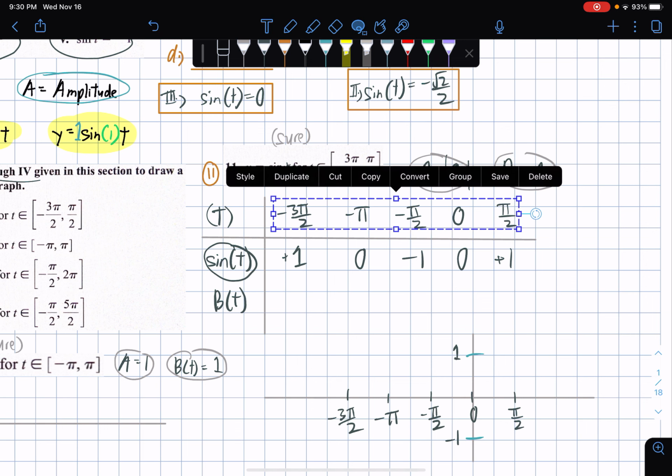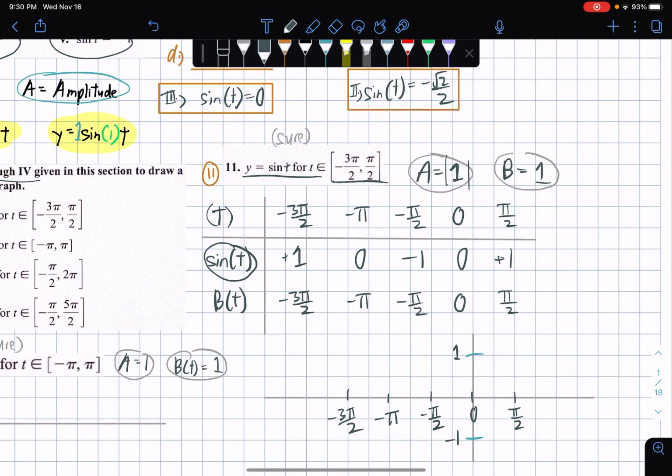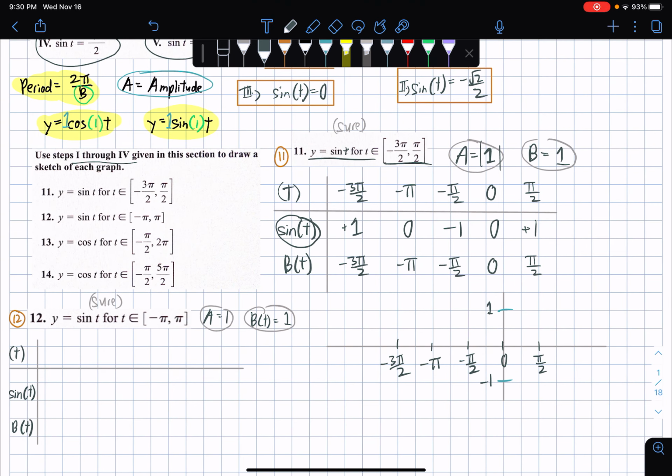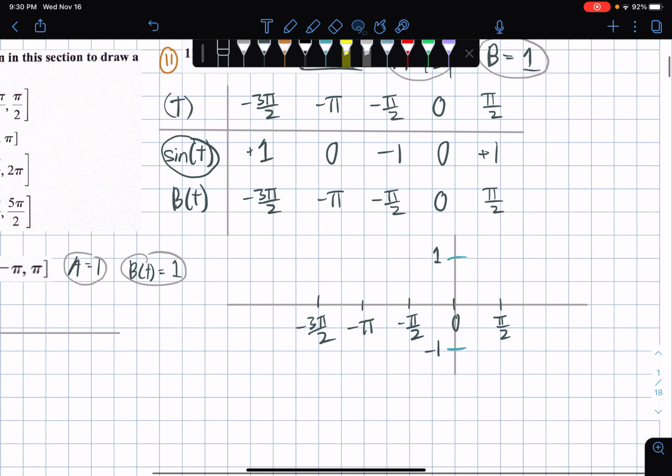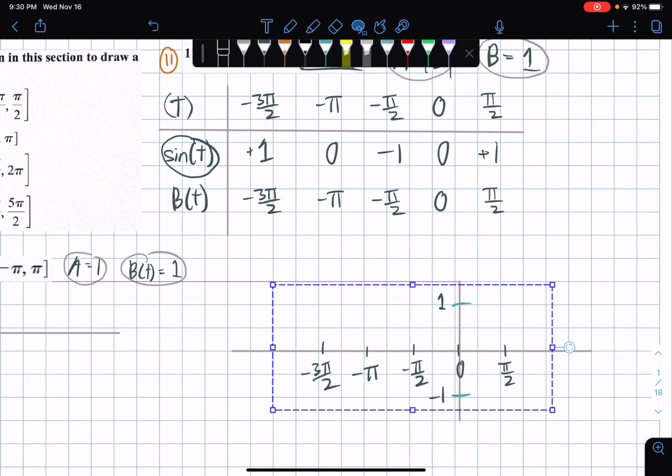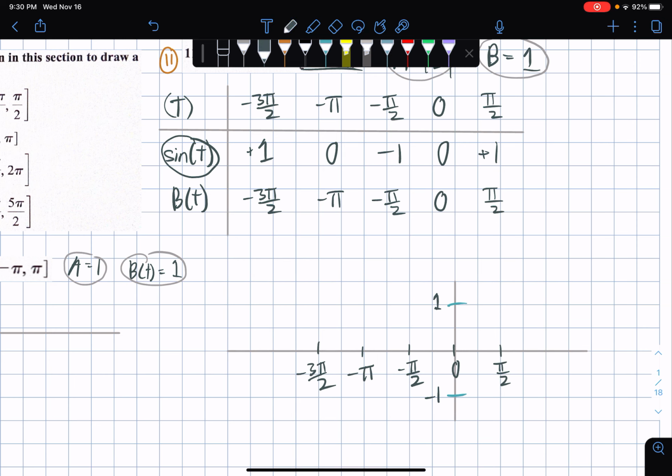They're just the same. And so right now we just tally the values that we have found. bt will be the x value, and sine t will be the y value, the amplitude.